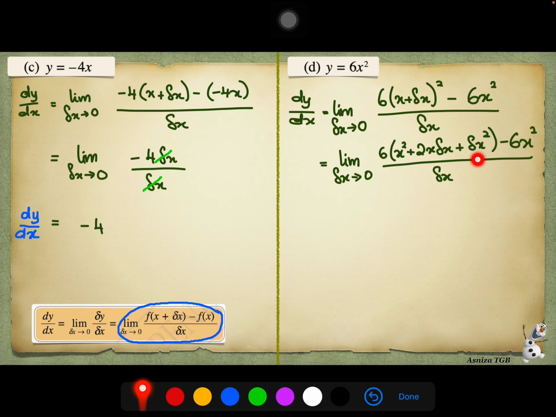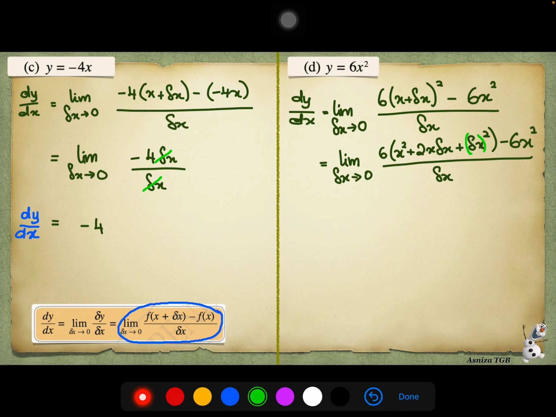Okay, we have x squared plus 2x delta x plus delta x squared. Delta x is one value, which is the small change in x.